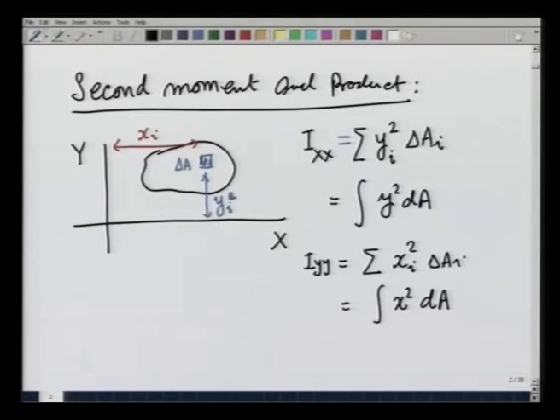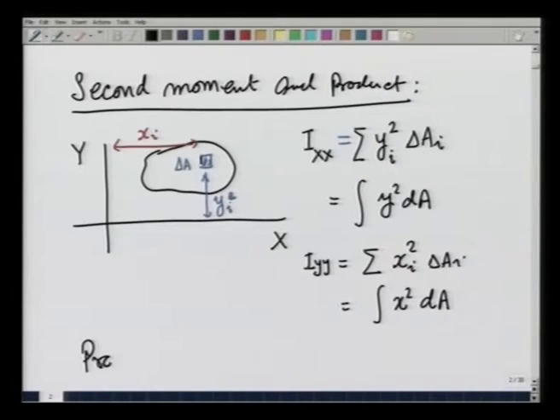These are just mathematical definitions, and then the product of this area is defined as integral x y dA, and I am going to call this I x y equals this. So, we have defined the second moment of a plane area and product of a plane area.